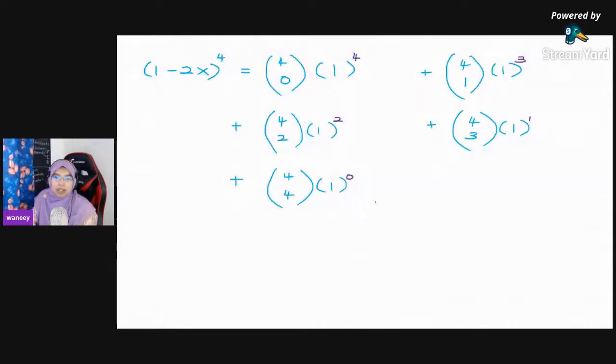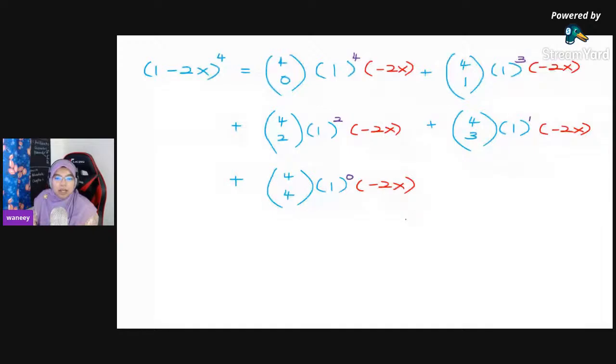And of course, now we should replace with b. So b is negative 2x, negative 2x, negative 2x, negative 2x, and another negative 2x. So now let us write down the power. The power for the b should always be increasing. So we will start with the lowest, which is 0, 1, 2, 3, and then 4.